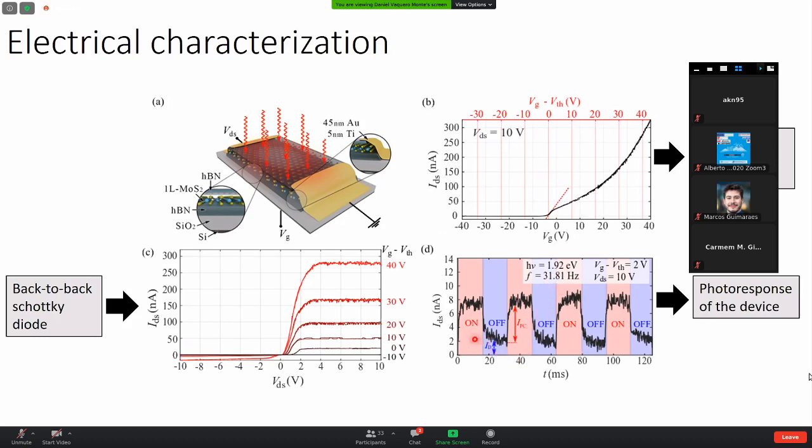And we observe the on and off regions. This increase of the current when the light is on over the device is what we call photocurrent. Once we know how the device behaves, we pass to perform the spectral measurements.